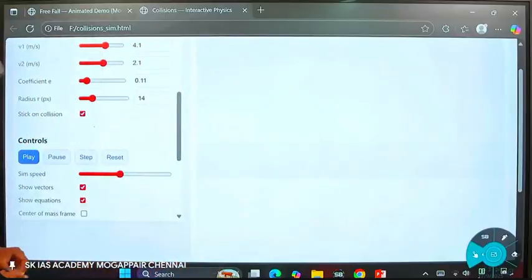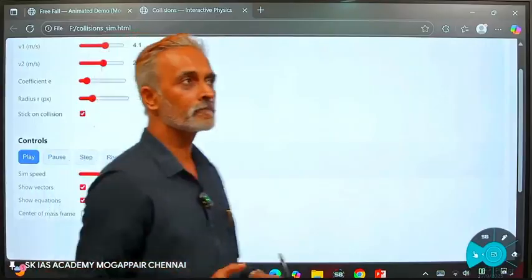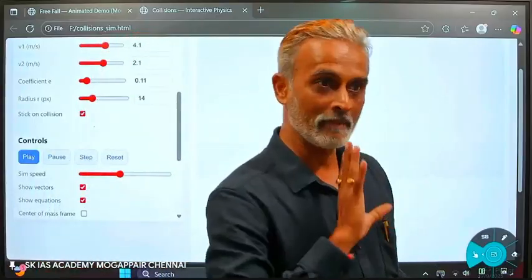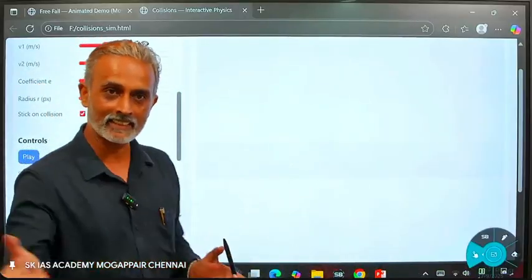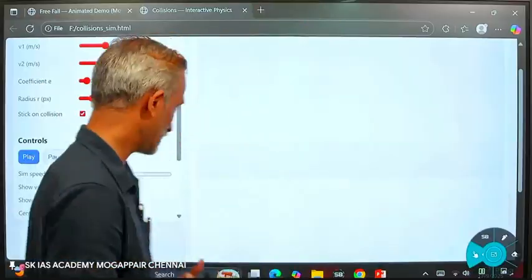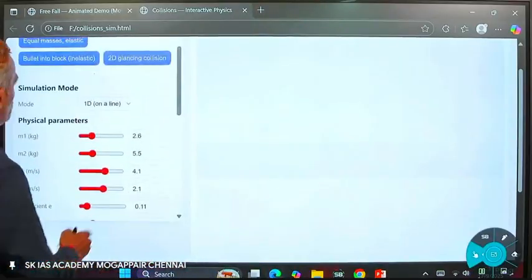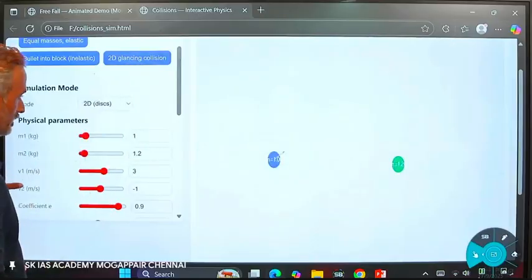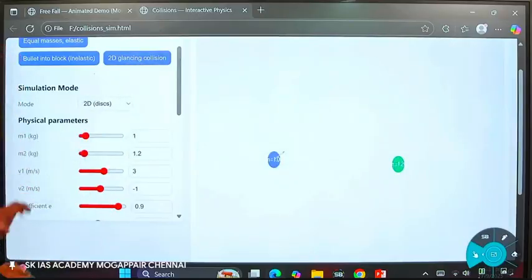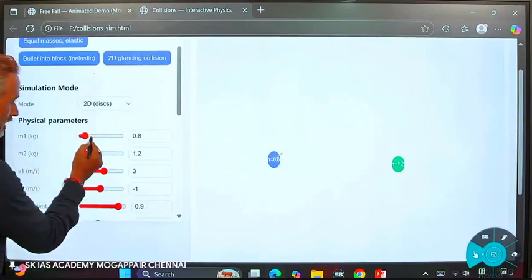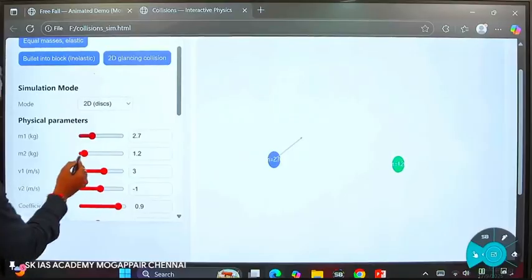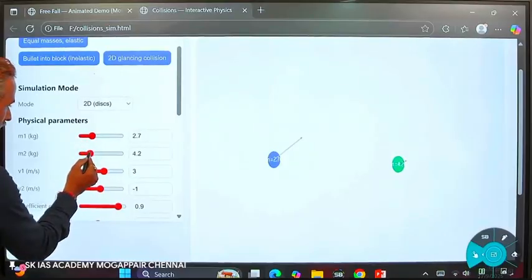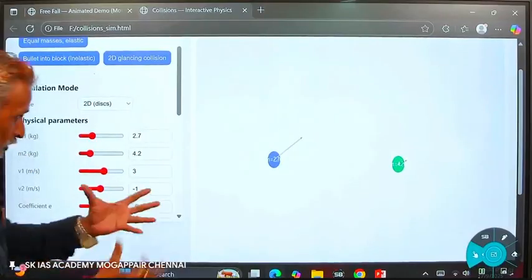Okay. Now the third concept the teacher has taught you, two-dimensional collision. Two dimension means x-axis and y-axis. I will show you. See, for M1 I am just going to increase to 2.7 kg. M2 also I am going to increase to 4.2, so heavy it will be.